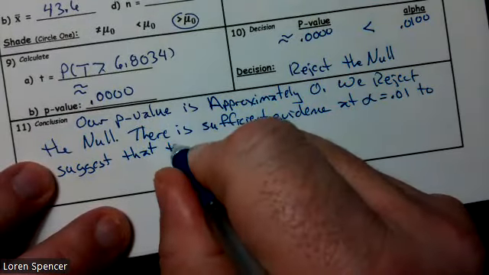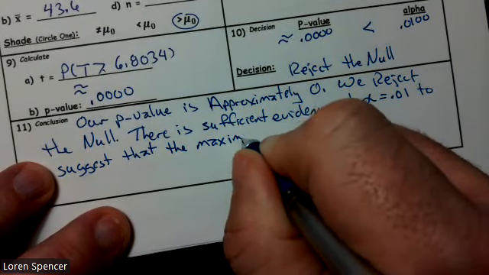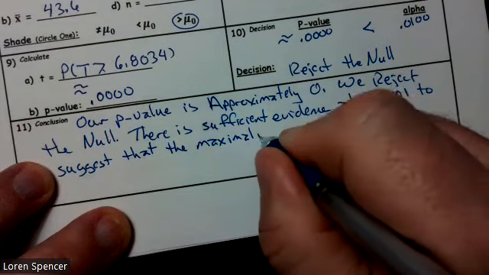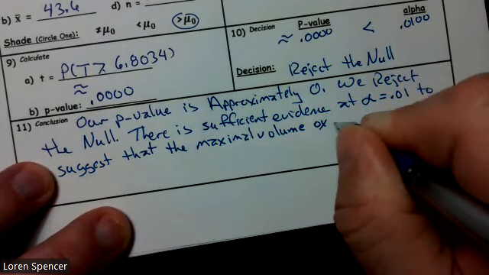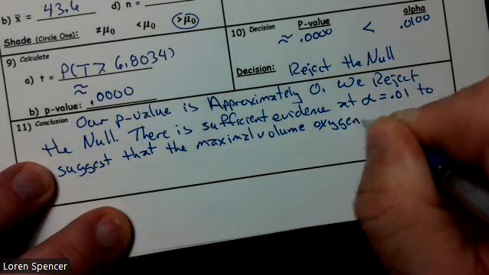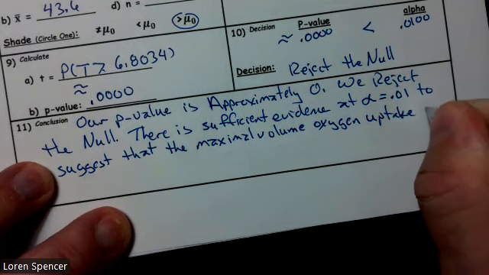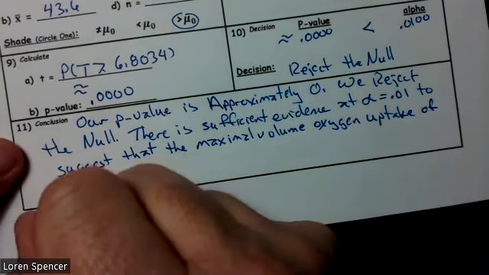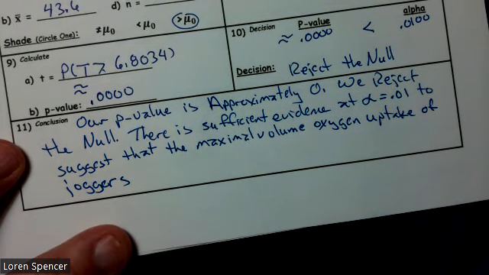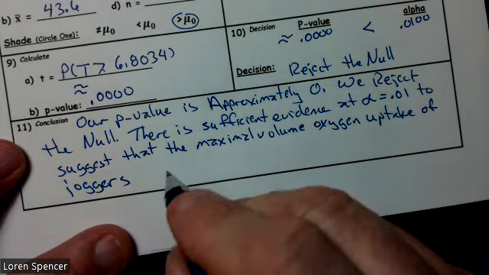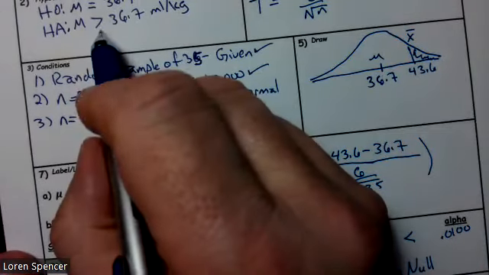that the maximal volume oxygen uptake of joggers is, well, what does our alternative say?